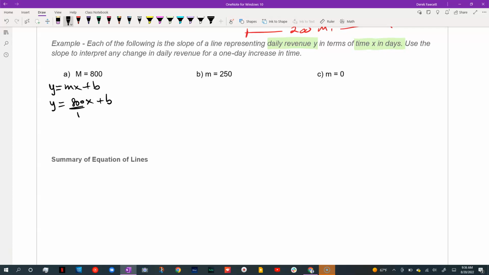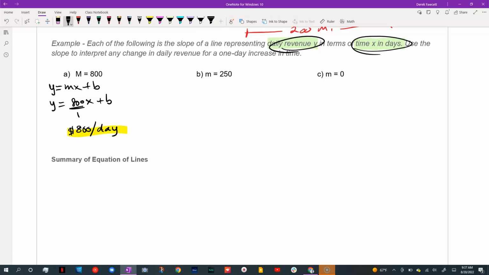So it's the change in y, the daily revenue, over the change in x, the time in days. So it's $800 per day. That is what the rate means in this case. So the revenue increases $800 per day.